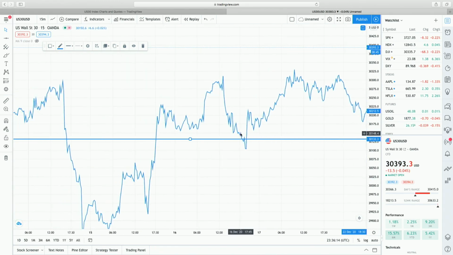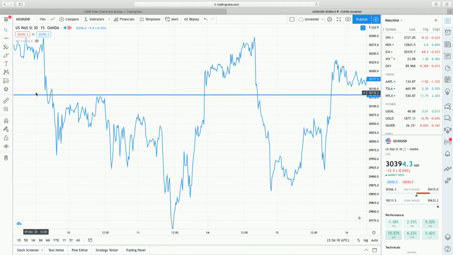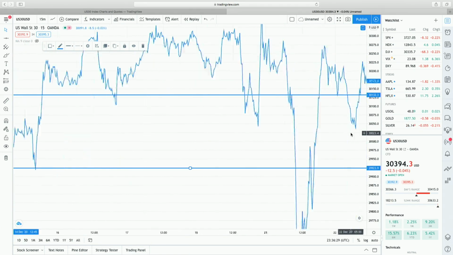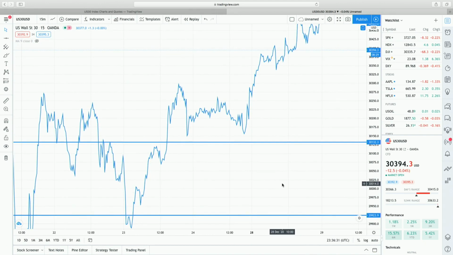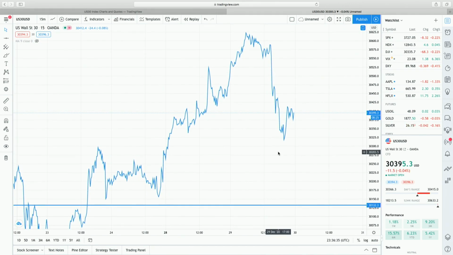So that's one example. Then we can find different ones. Look at this one: price touched once, twice, then finally went up and made resistance, but it couldn't break through, and it touched again to make support. You can do that all over your graphs, and it'll give you an idea of places of support and resistance.